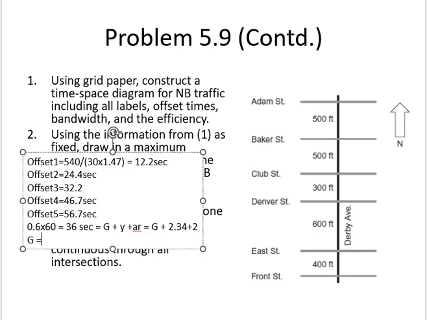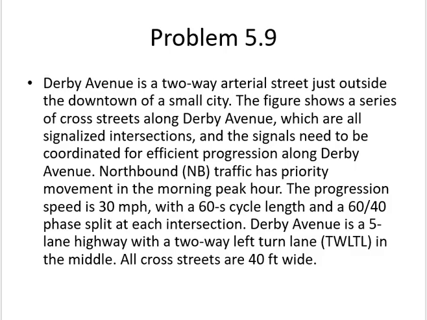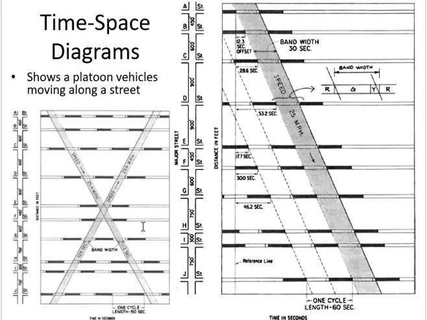So the green is how much? 31.66. So what will happen? You will draw the first green at 0 time. After that, it will remain green for 31.66 seconds. After 31.66, you will have yellow.